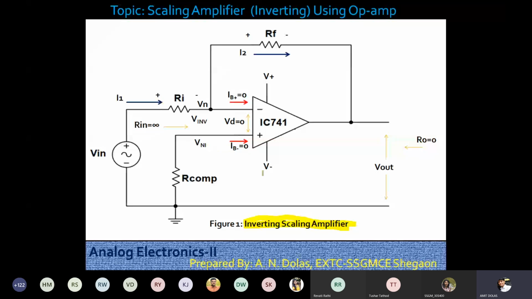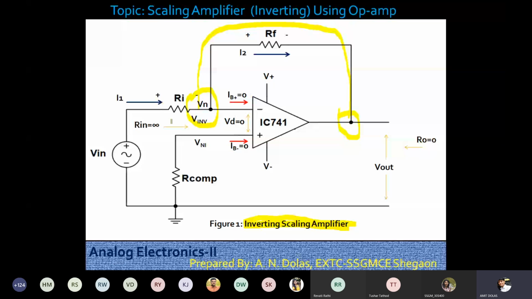So you can see it is not closed loop. Sorry, it is not open loop because one resistance, feedback resistance, is connected from output end to the input end. So it is the closed loop circuit. So there will be a closed loop gain, which is referred as ACL, closed loop gain.